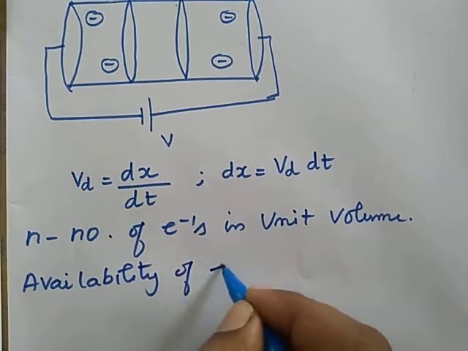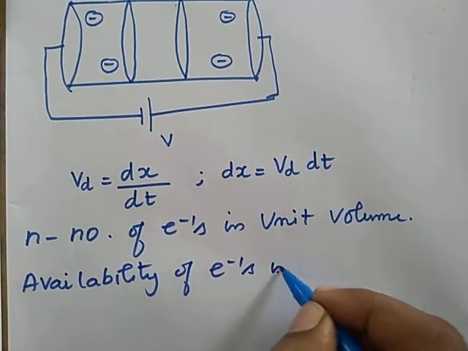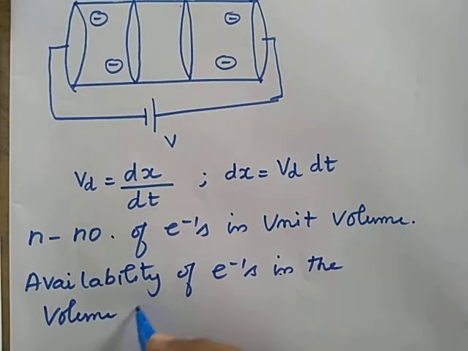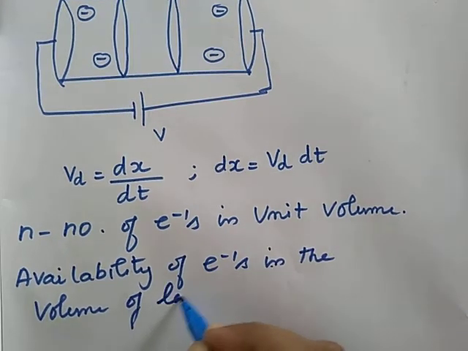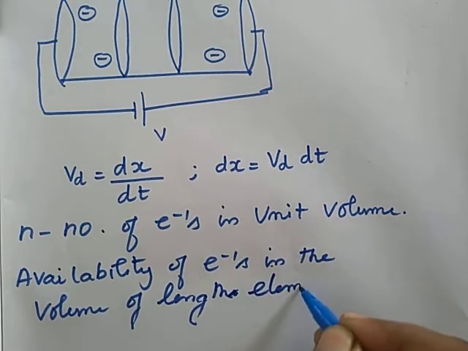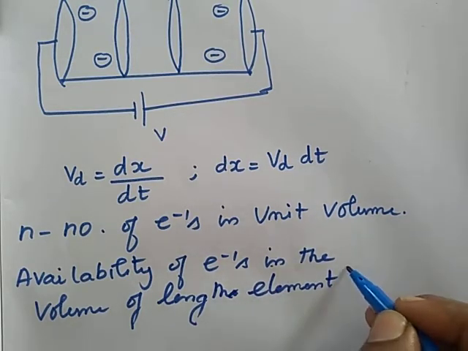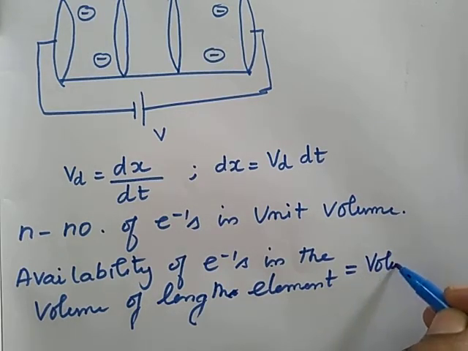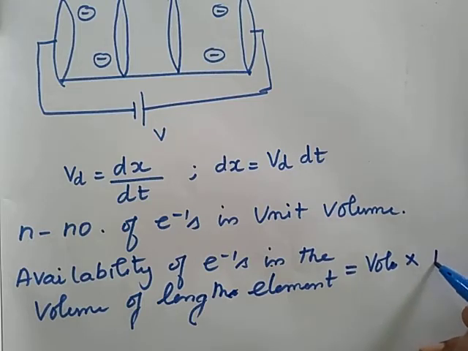That is equal to volume into number of electrons per unit volume.